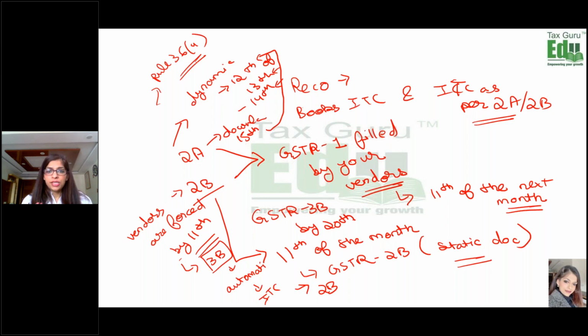Why should my assessee bear that ITC loss? Because it is going to hit their working capital requirements. So that is why I told you that vendors are forced to file their returns by 11, because now the people are putting a stay on their payments. Especially the GST is not paid to the people if they are not filing their GSTR-1 on time.